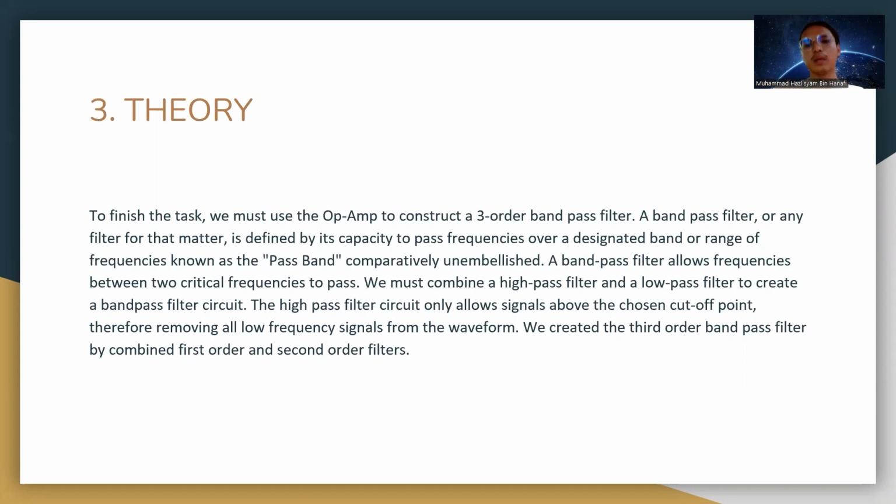We must combine a high-pass filter and a low-pass filter to create a bandpass filter circuit. The high-pass filter circuit only allows signals above the chosen cutoff point, therefore removing all low-frequency signals from the waveform. We create the third-order bandpass filter by combining first-order and second-order filters.